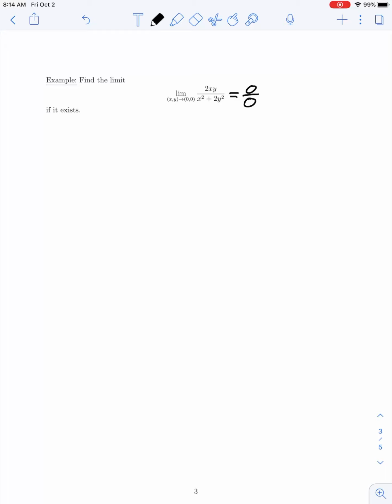So we can't evaluate it as we did with our earlier example. So let's consider the limit of this function as we're approaching (0,0) along different paths. As with our last example, let's consider moving along the x-axis, which again is the line y equals 0.